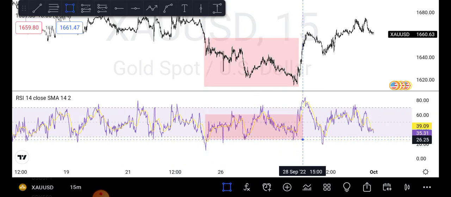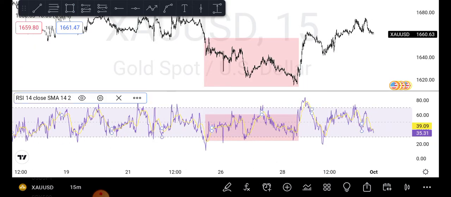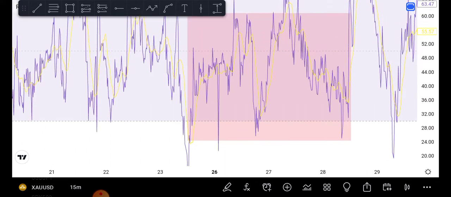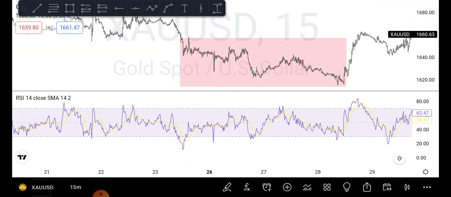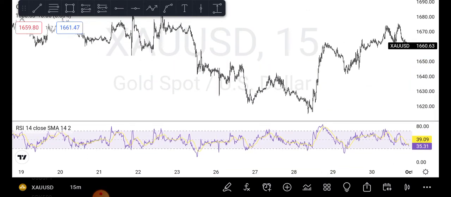But you see that it's not the same. It's just moving up and down. So that's that. Let's delete this, and delete this also. Good. Okay, so let's move into the RSI.